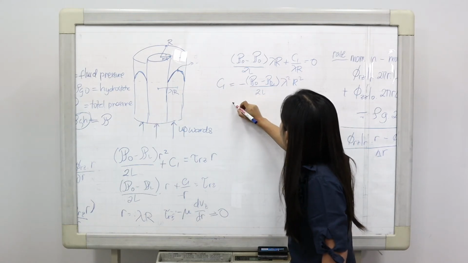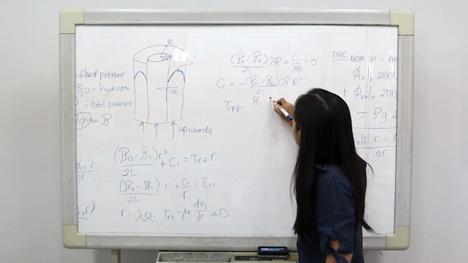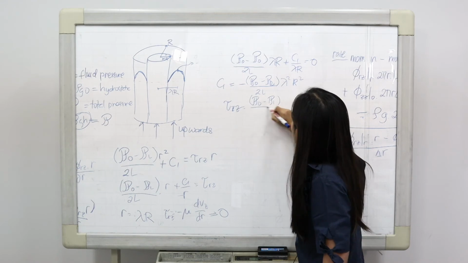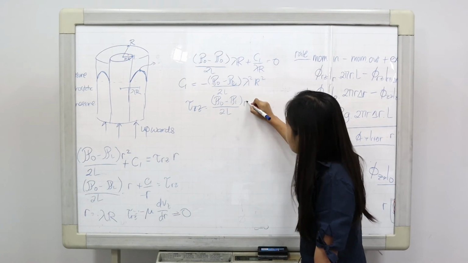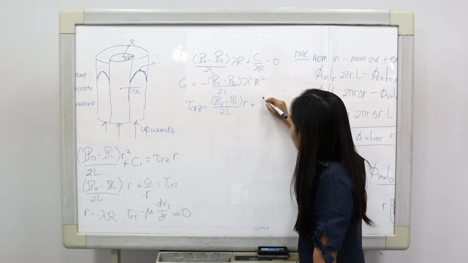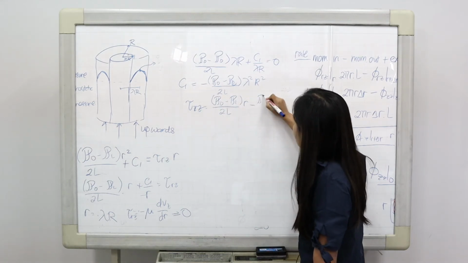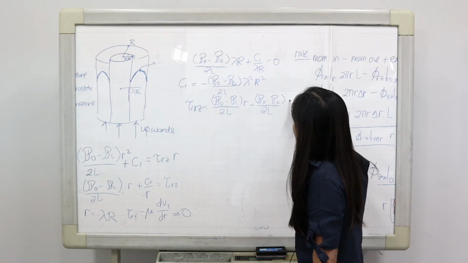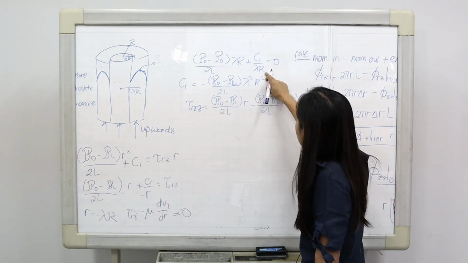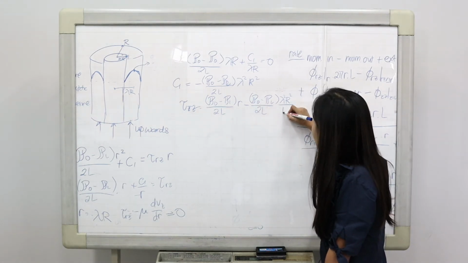And then the final equation for the tau rz is modified pressure 0 minus modified pressure L divided by 2L times R, plus, actually that will give us minus because the constant is negative, modified pressure 0 minus modified pressure L divided by 2L lambda square R square, divided by R. Okay.